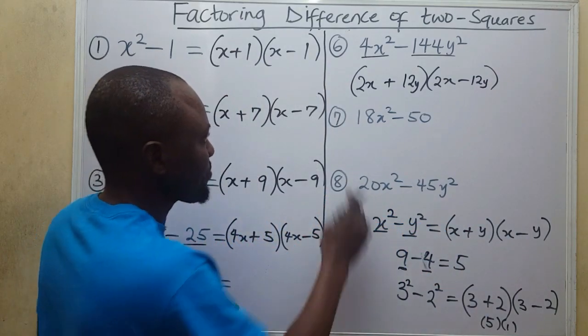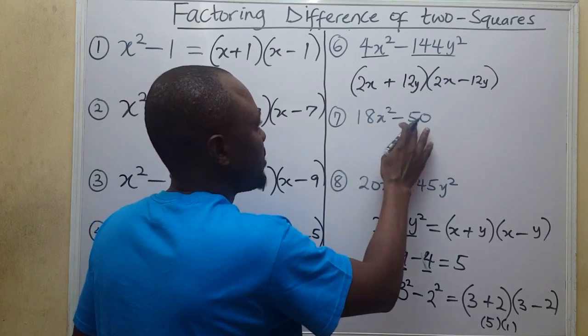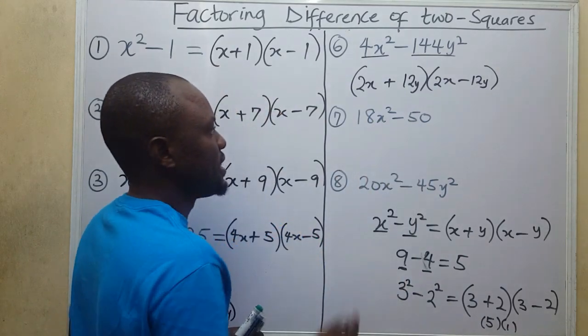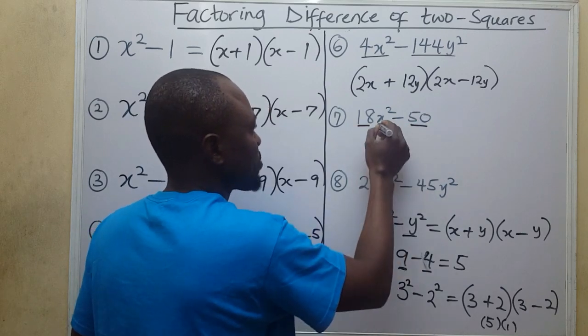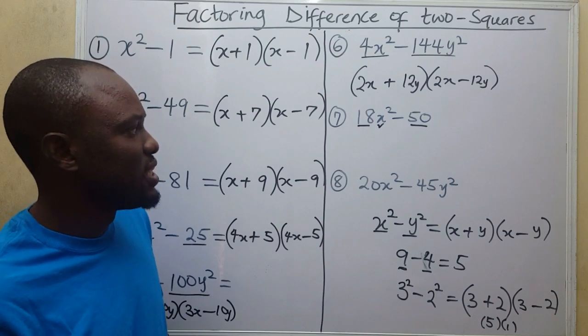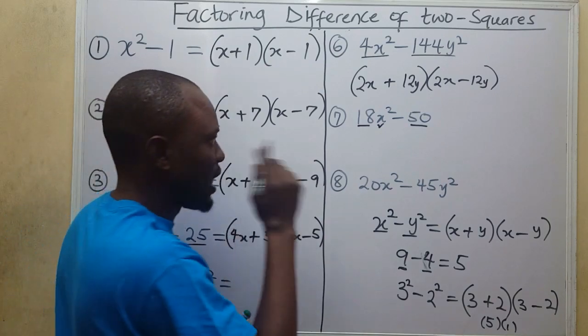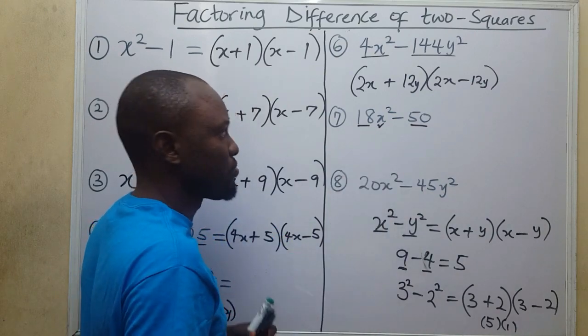All right. For this, now this is 18x squared minus 50. Now this is not a perfect square. This is not a perfect square, but this is a perfect square. Now what am I going to do in this case? What I need to do is factor out the highest common factor first.